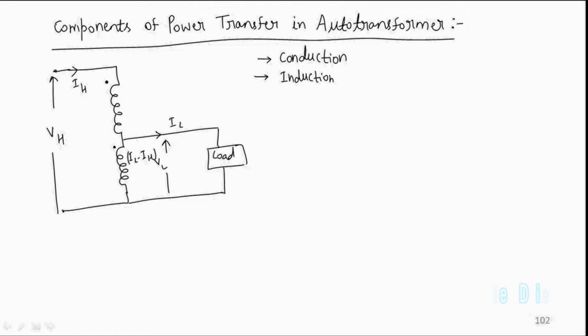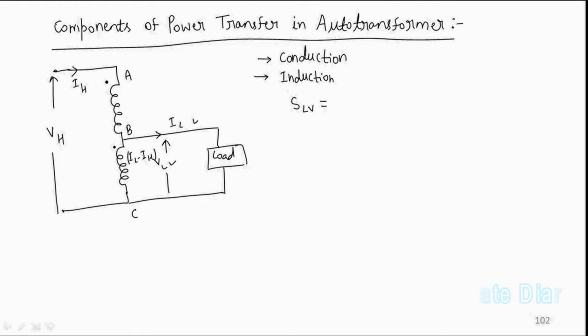This is the diagram of the auto transformer. This is VH, IH, and this is the series winding. Basically, this is A, B, and C. AC is the complete winding, AB is the series winding, and BC is the common winding. If you are finding the apparent power at the load side, SLV, the low voltage side, how to calculate?